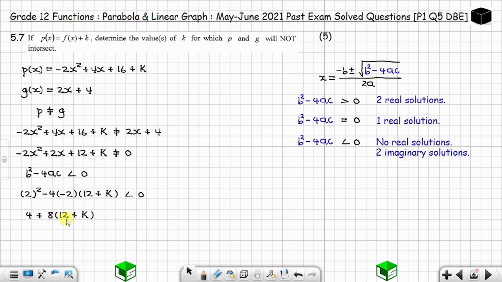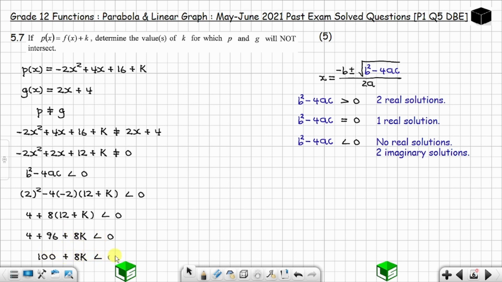Times this in bracket, 12 plus K, less than 0. Okay, so you have 4 plus 8 times 12 is 96. 8 times K, it's plus 8K, right? Less than 0. And this is equal to 4 plus 96, 100, plus 8K, less than 0.